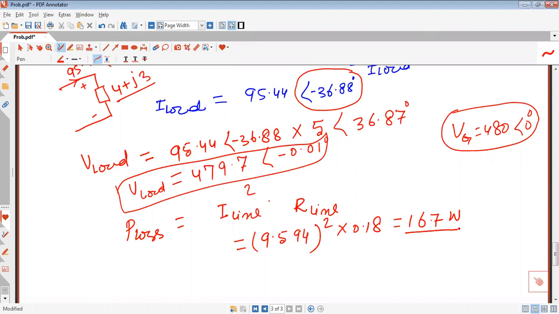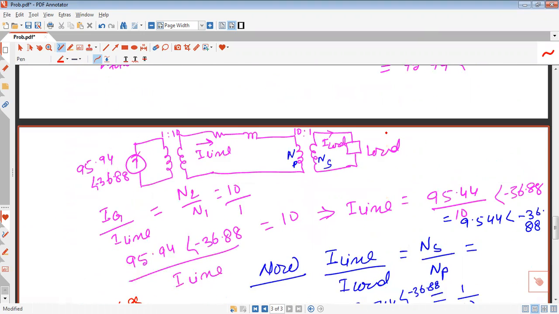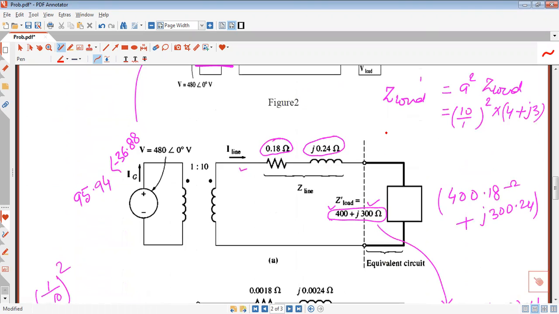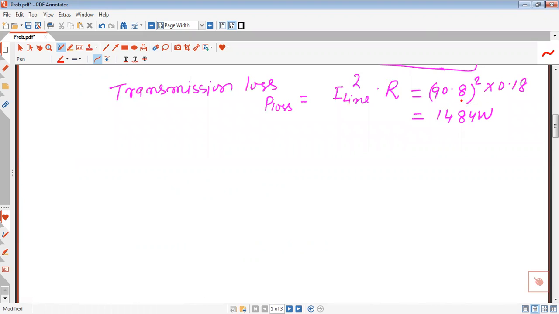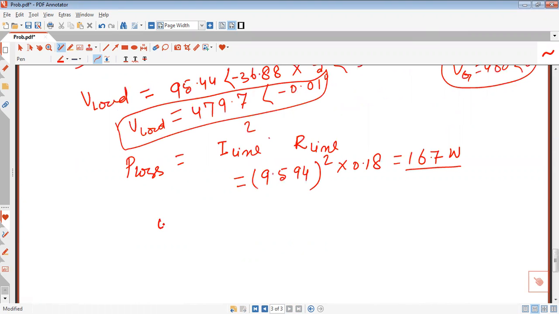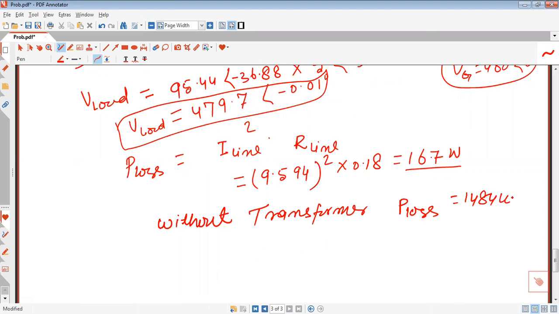So as compared to the earlier power loss, when we are not using a transformer, what was the power loss? When we are not using the transformer, the power loss was, you can see, 1484 watt, which is very high as compared to this.